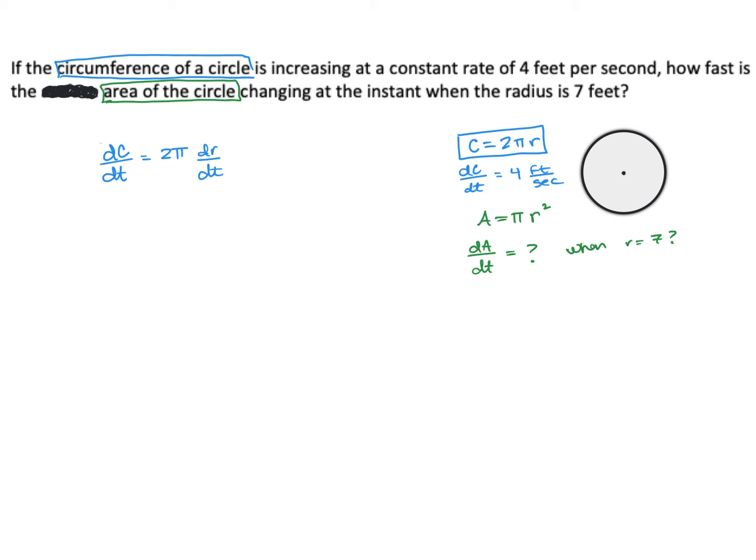And since we have this, we can now plug in for dC over dt. So we have 4 feet per second equals 2 pi dr over dt.